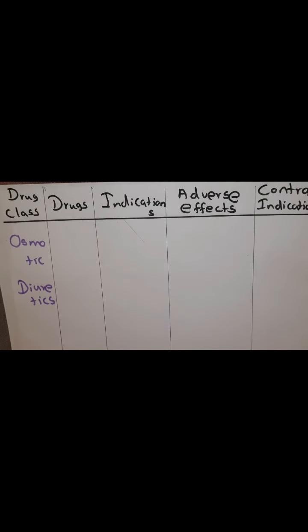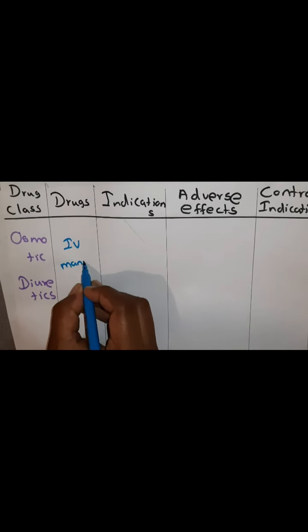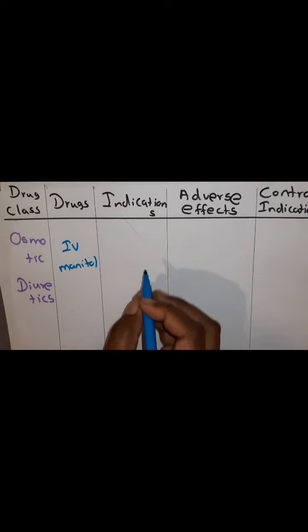The osmotic diuretic is IV mannitol. IV mannitol is the main osmotic diuretic that is used to reduce intraocular pressure.